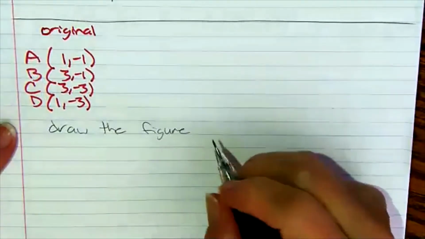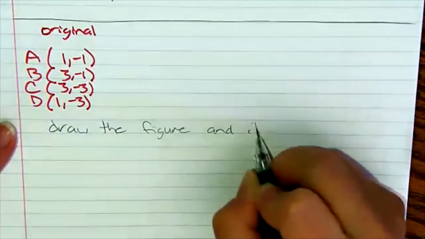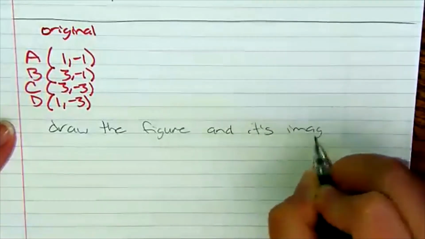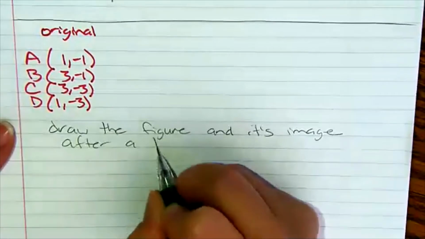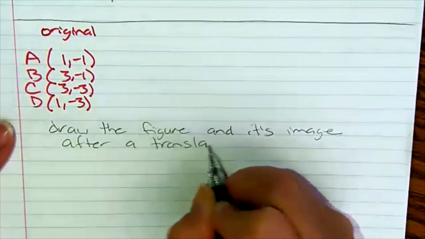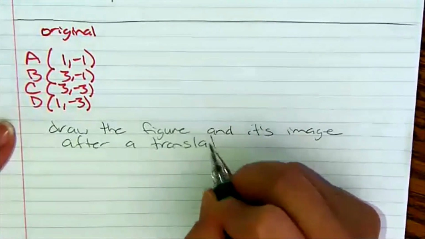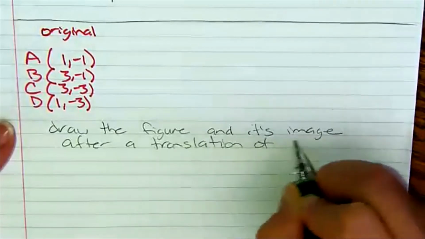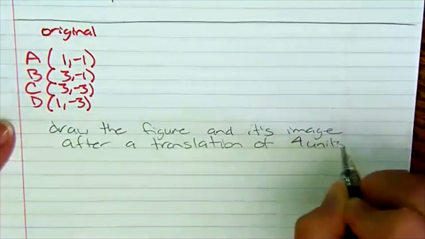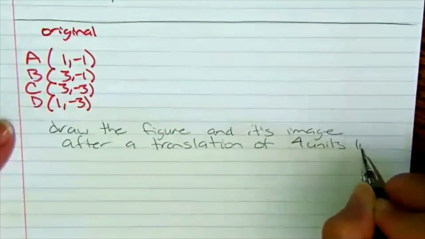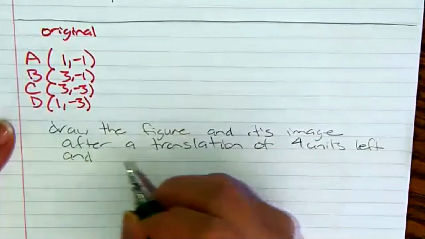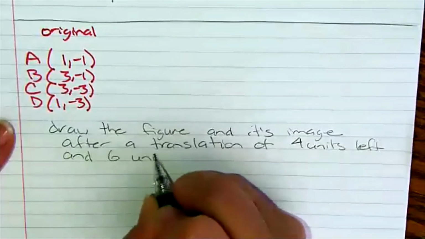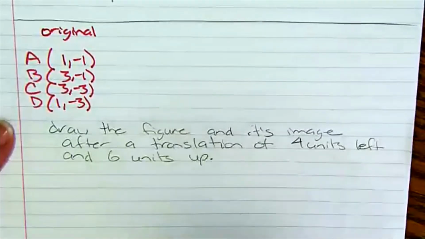Draw the figure and its image after a translation of 4 units left and 6 units up.